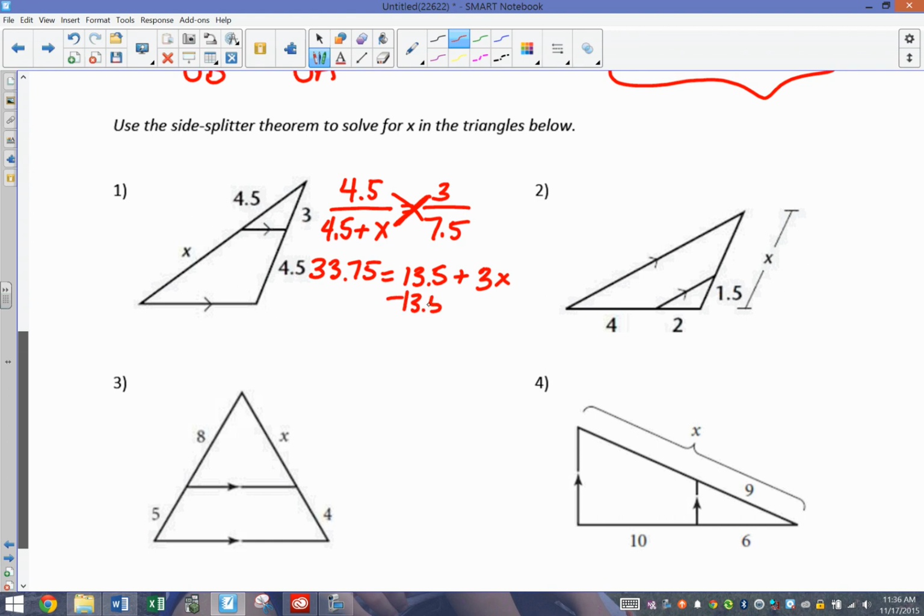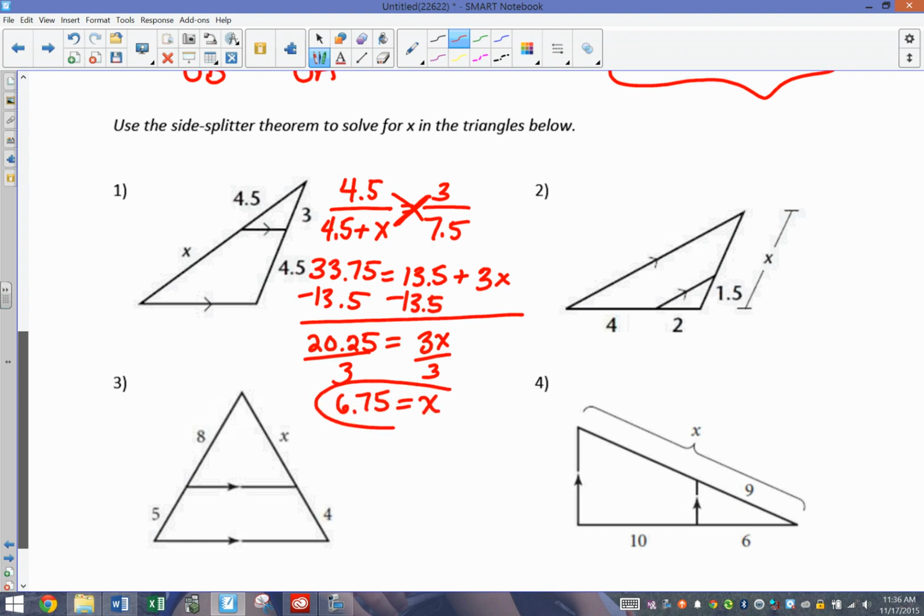I'm going to subtract 13.5, and I'm going to get 3x equals 20.25. I'm going to divide by 3, and I am going to get 6.75 equals x. And that's how you use a side splitter. Top to whole for one side equals top to whole for the other side.